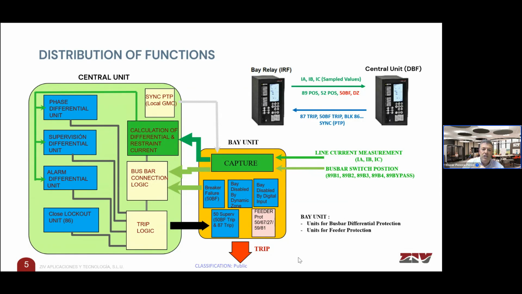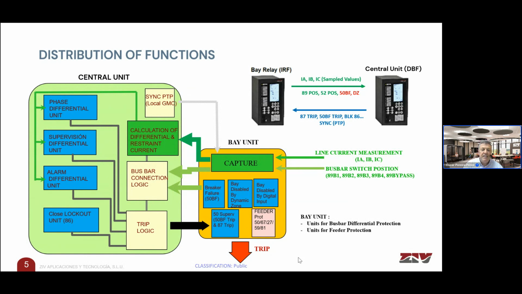The central unit, with its internal algorithms, will make the calculation through the blue boxes: the phase differential, the supervision differential, and so on. So the central unit will run the algorithms and decide whether there is a busbar trip or not, okay?